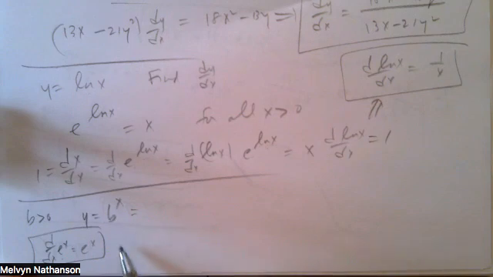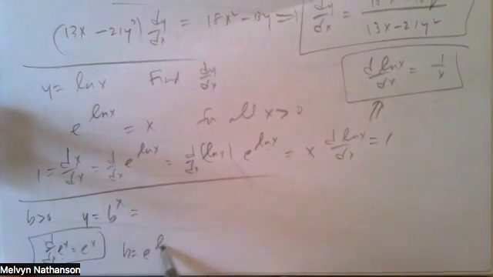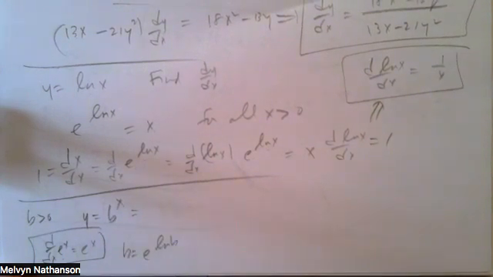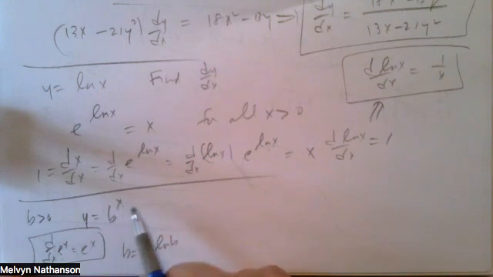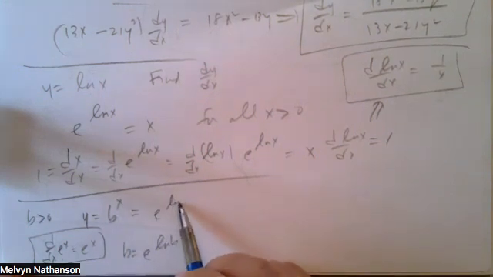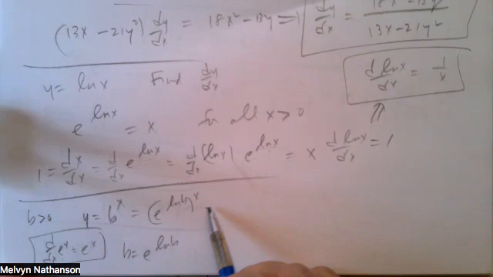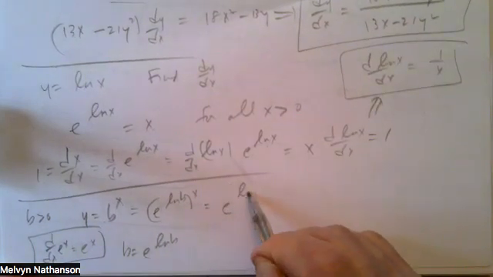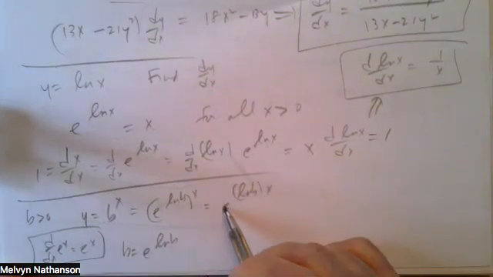So you can write b as e to the log b. That's the definition of the logarithm. So b to the x is e to the log b to the x, which is e to the log b times x.